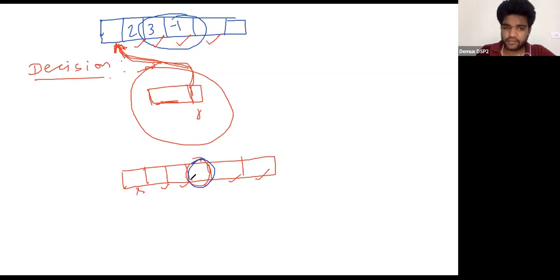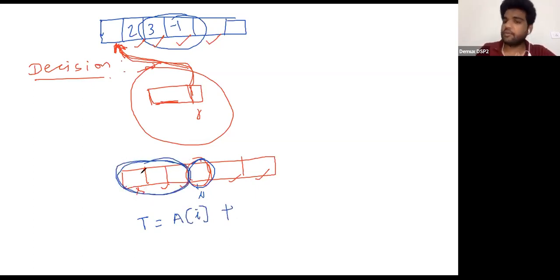You are left with, so if this is the last, then your answer is basically A of I plus whatever maximum you can get for this part of the array, plus A of I, that will be the answer.